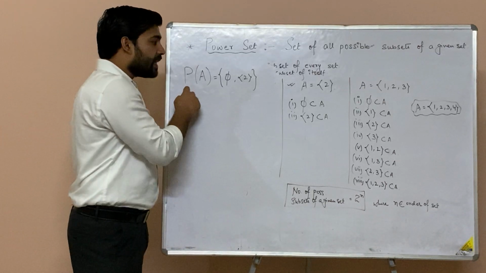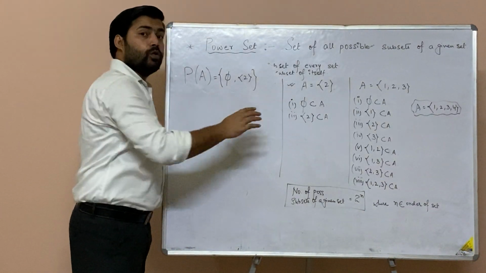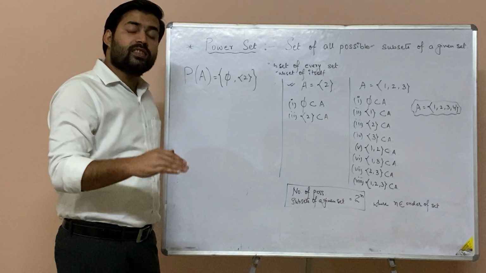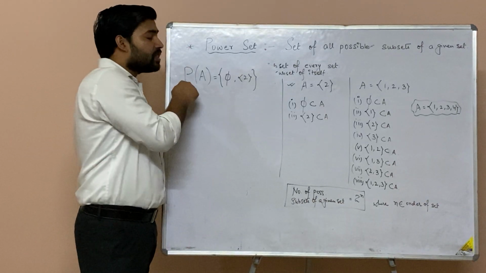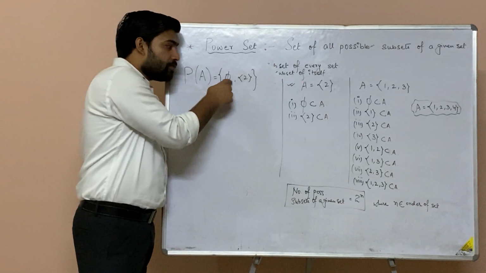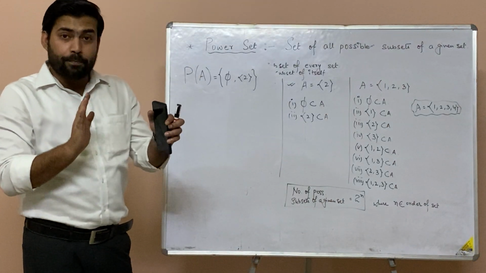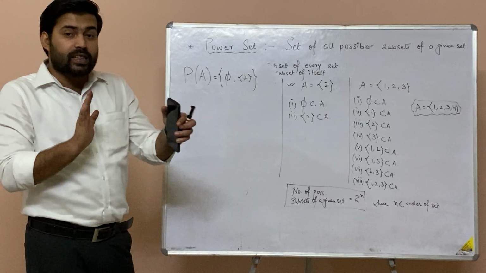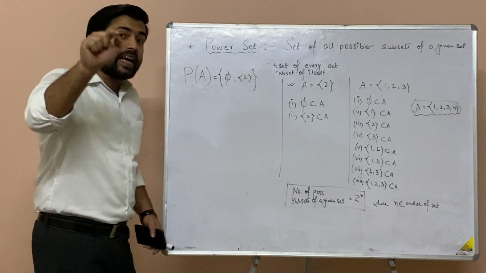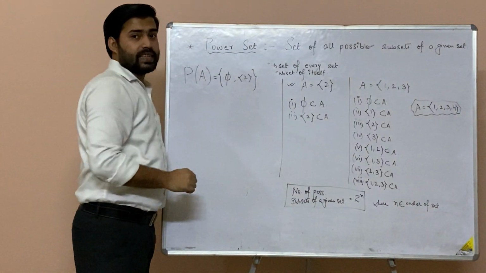But when they come inside the power set, the sets lose their identity and they start behaving as an element for the power set. They themselves, when considered individually, they are sets. But when coming all together inside the power set, at that moment they start behaving as an element.